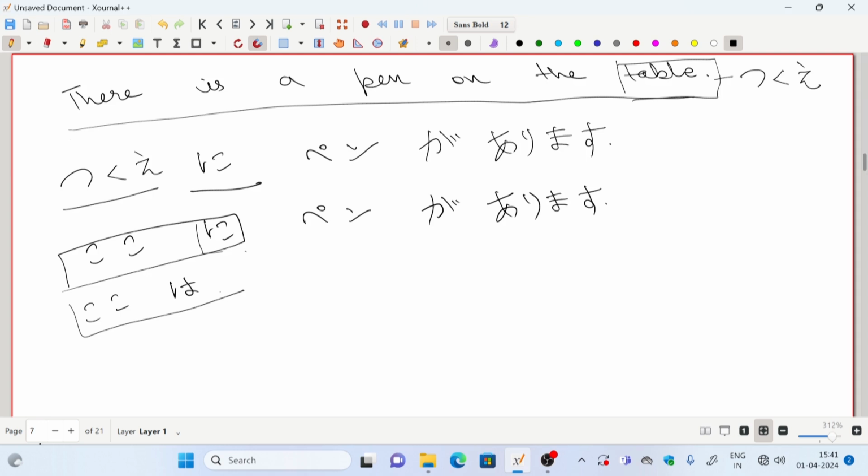Koko ni pen ga arimasu and koko wa pen ga arimasu, both are correct. Here it is a topic and here it is location. So, likewise we have used the particle.